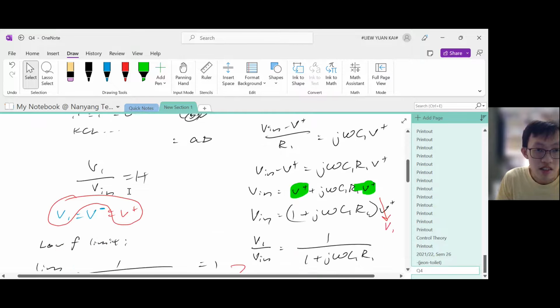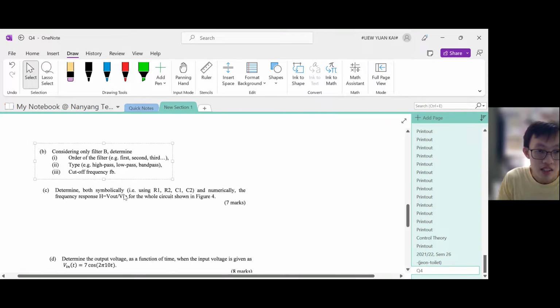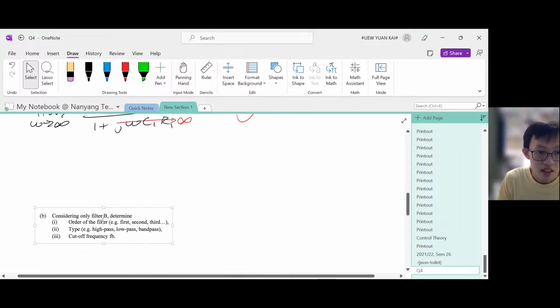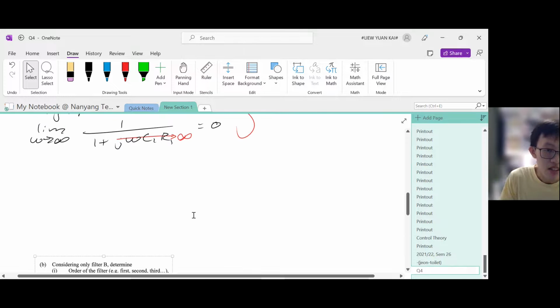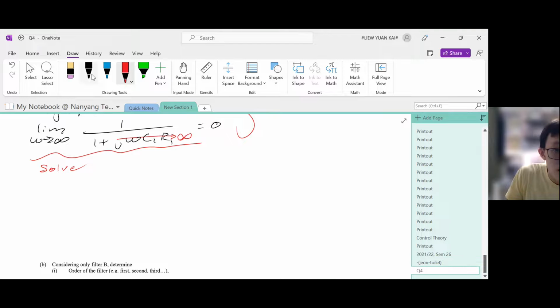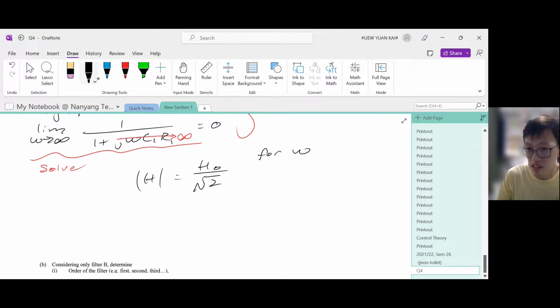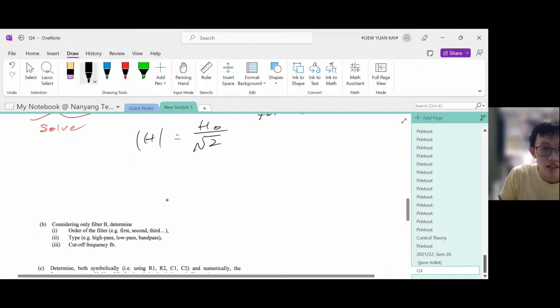Now answer question 3, cutoff frequency. Again, just from the tutorials, the concept is this. You must solve the magnitude of H is equal to H naught divided by root 2. So solve this for omega, and that should give you your cutoff frequency.